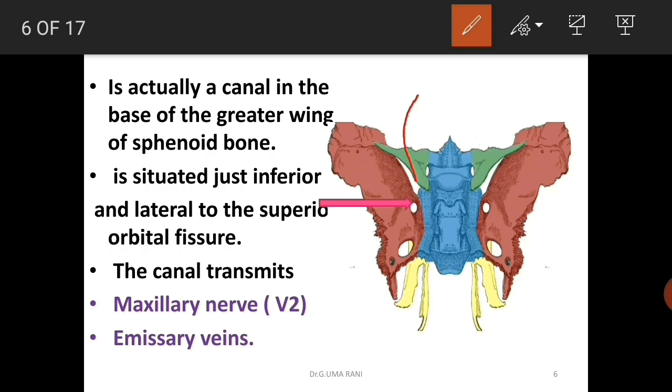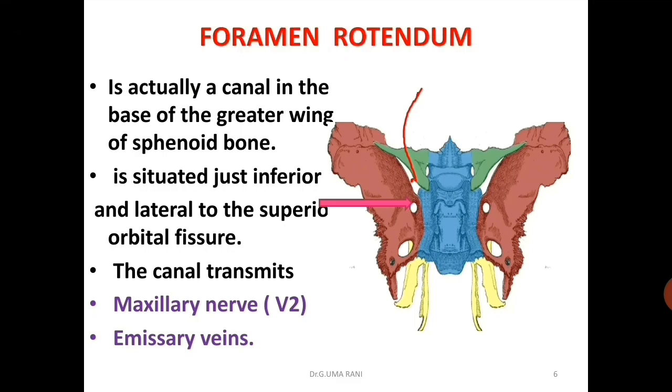This is the superior orbital fissure, and inferior to it is the foramen rotundum, and the canal transmits the maxillary nerve, a branch of the trigeminal nerve, and an emissary vein.